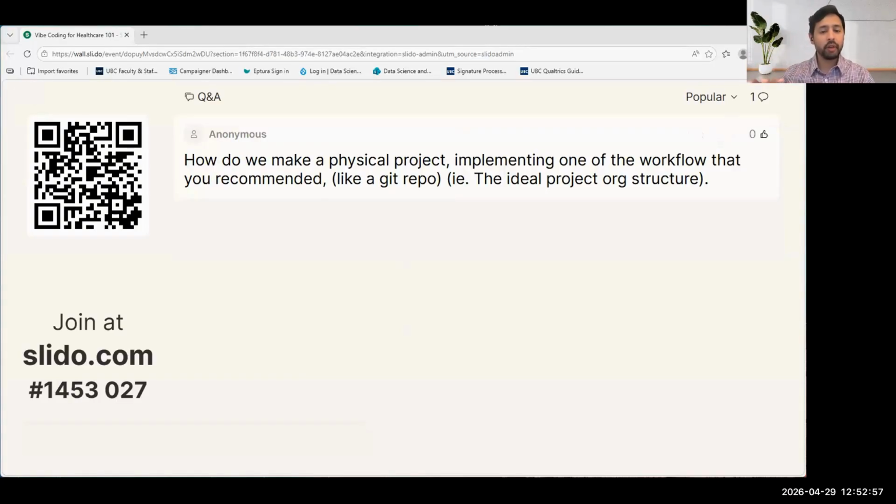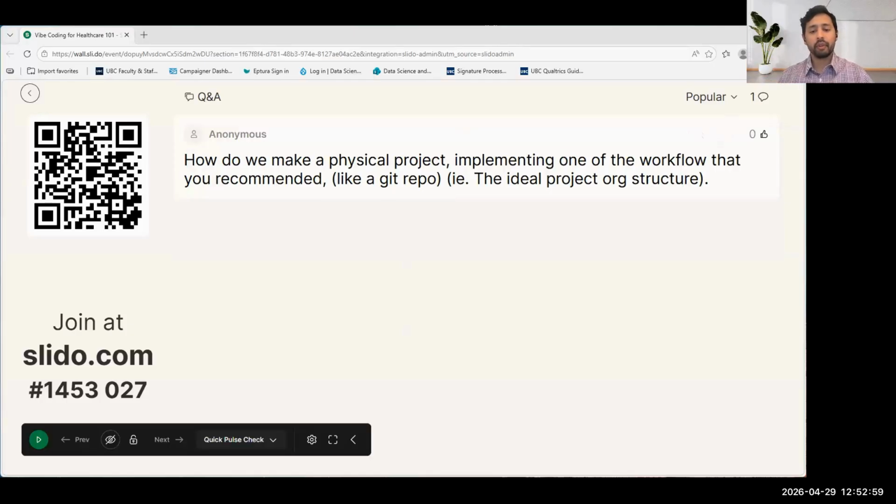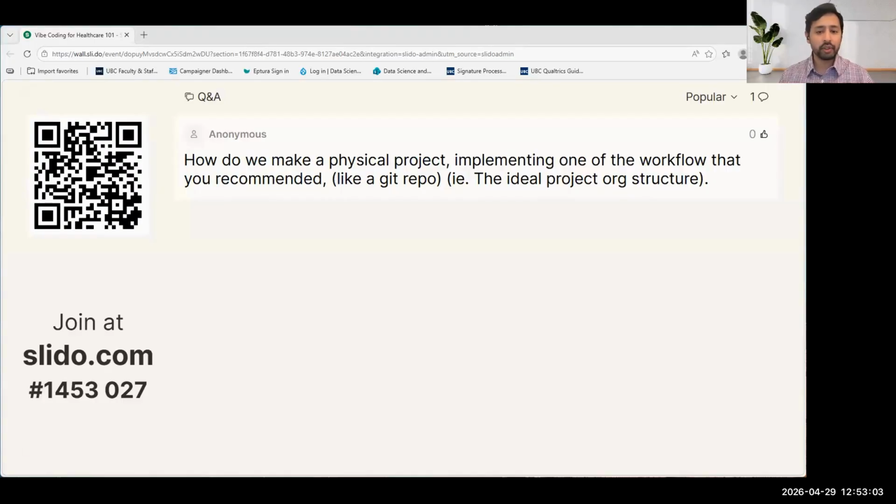You could make it on GitHub, and what a Git repo allows you to do is essentially organize everything in one place. The way Claude works, and if anyone's used Claude Code and Claude Cowork, is that they work in a folder. That folder is what's called a repo. Just think of it as a folder in the cloud, but it's in GitHub. And GitHub essentially manages versions.